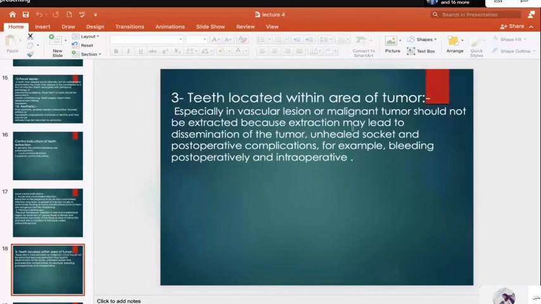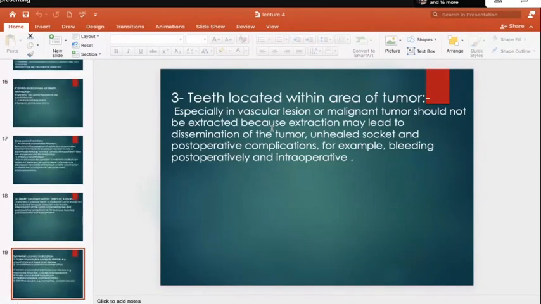Because extraction may lead to dissemination of the tumor, poor healing of the socket, and postoperative complications like bleeding postoperatively and intraoperatively. This point is very important. Teeth located within the area of the tumor should not be extracted.